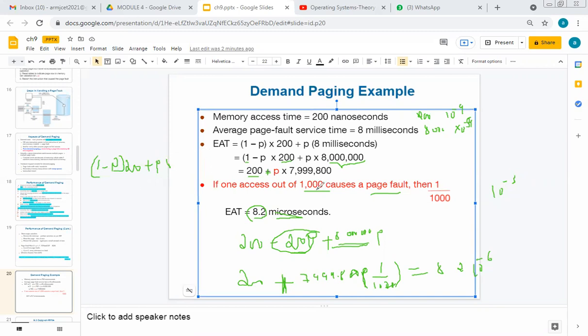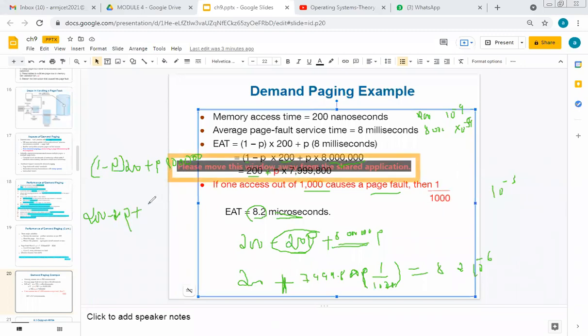Right. So the next question: 1 out of 1000 pages will be a fault. That means P is 1 by 1000. So this will become 200 minus 200 times P plus 8 with 6 zeros times P. The highest value is plus, the minus value is small.